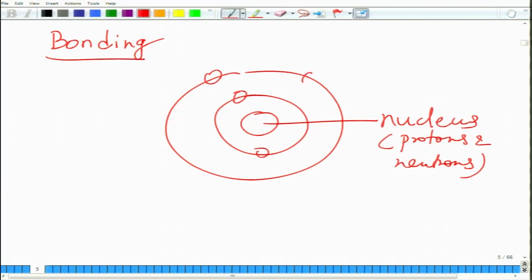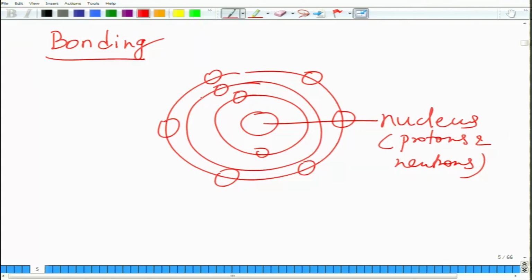So, if you have, let us say, Z equal to 10, you will make a structure 1s2, 2s2, 2p6, and as you go higher you can keep building the atoms.